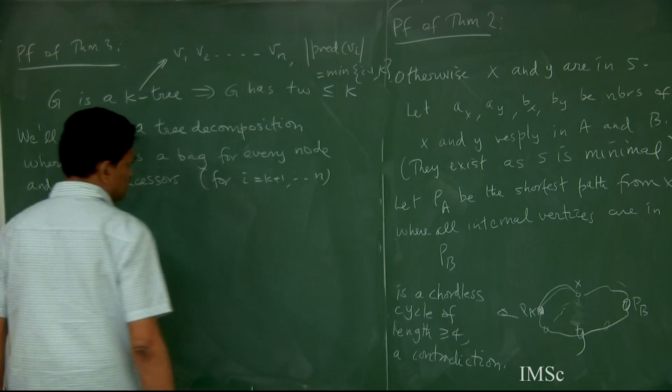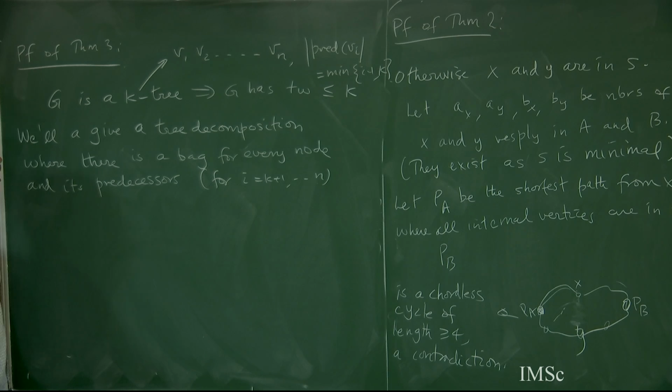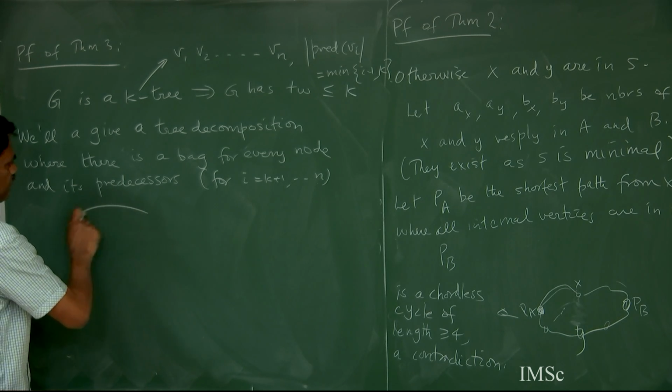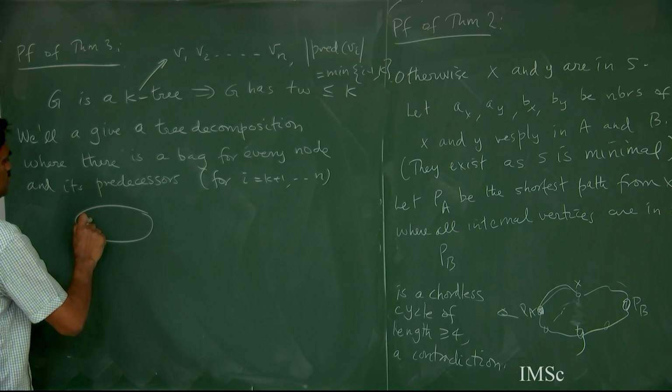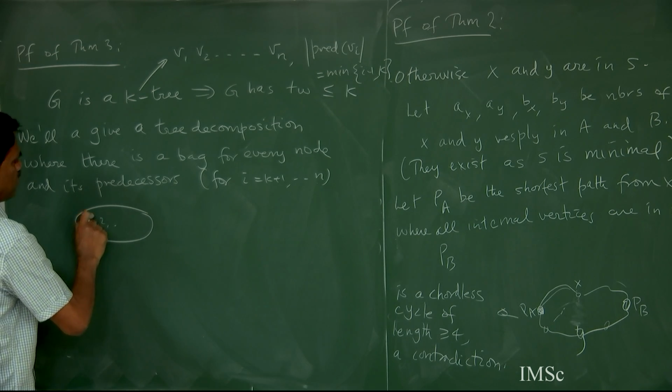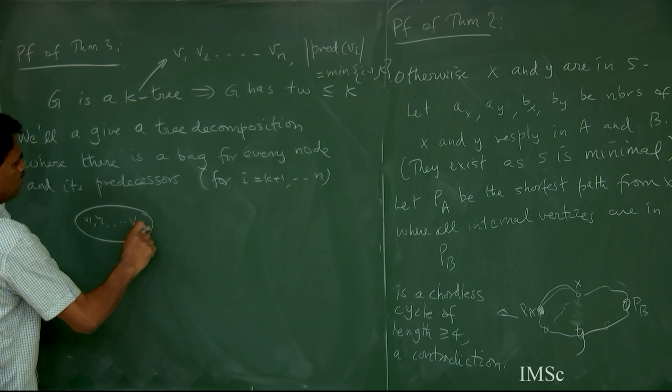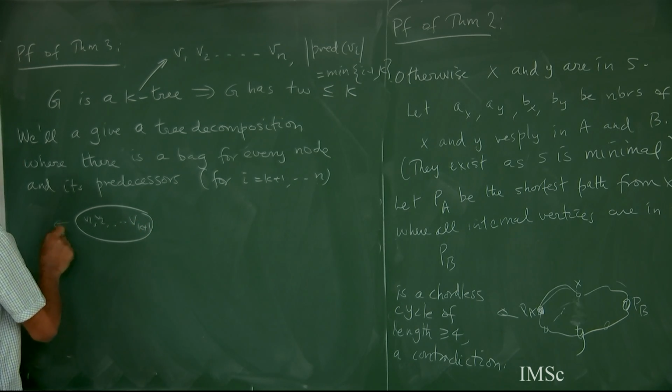So, where do I start? Here is a bag which has V1, V2 up to Vk, so this is sort of my base.